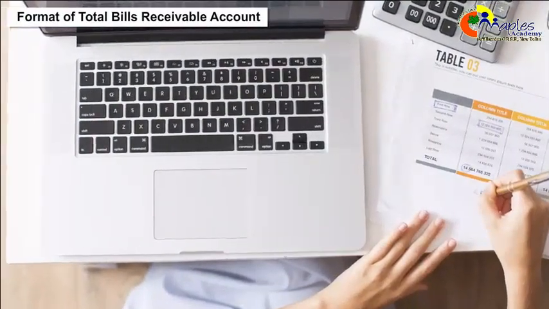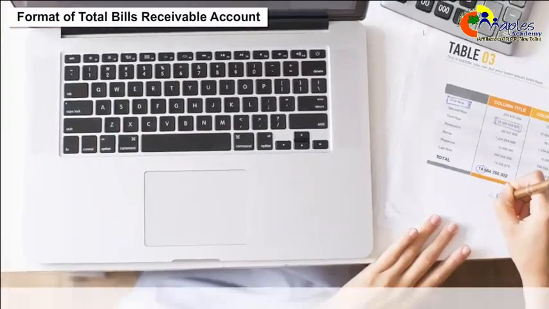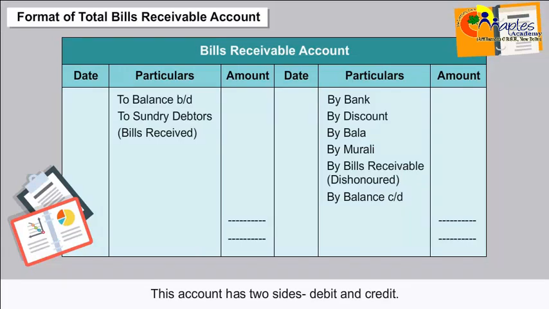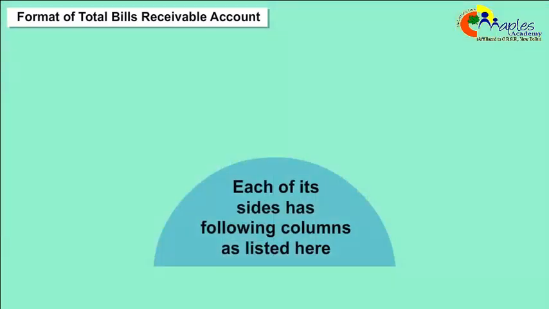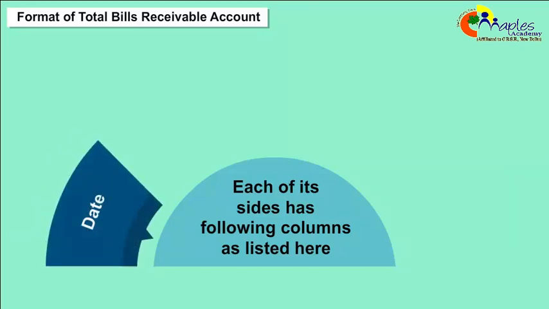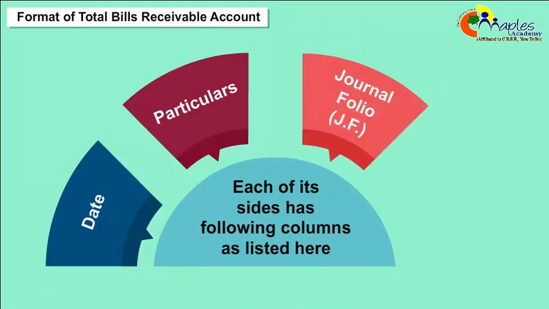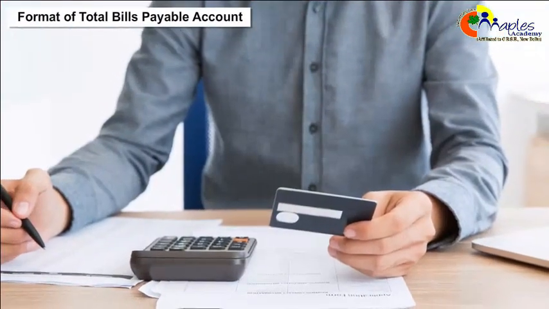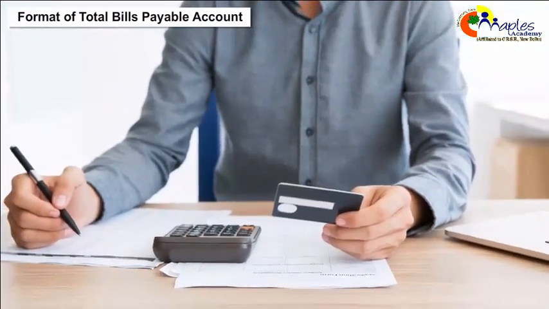Format of total bills receivable account. This account has two sides, debit and credit. Each of its sides has following columns as listed here: date, particulars, journal folio or JF, amount. Format of total bills payable account.